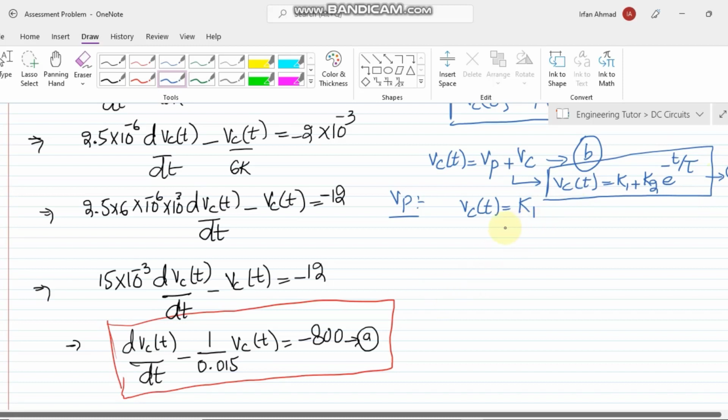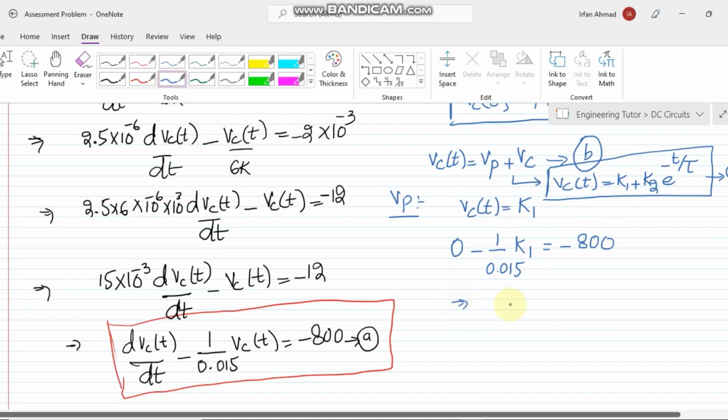Okay, so now in order to find the value of k1, let me call VC(t) equal to k1, and putting it in equation a, what I will get here, the derivative term will be 0 because this is a constant, and now it will be minus 1 over 0.015 k1 equal to minus 800.